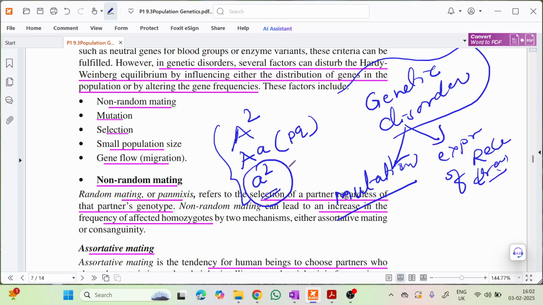And recessives are those genetic variations which are either non-functional or maybe lethal sometimes. So some such genetic disorders prove lethal.